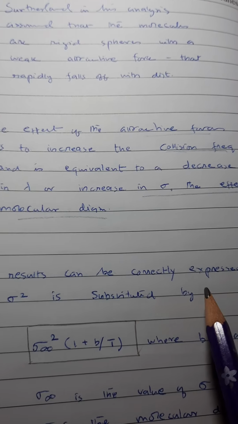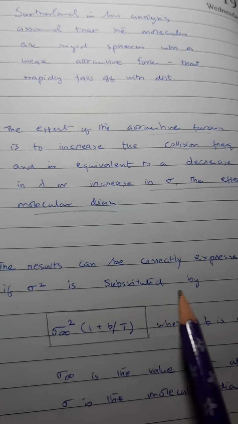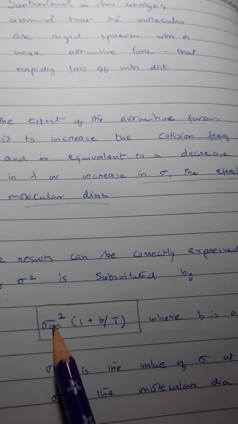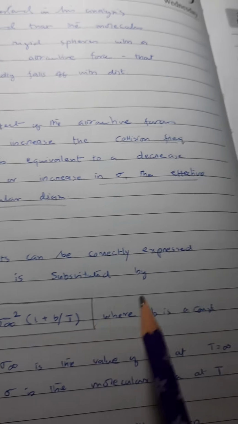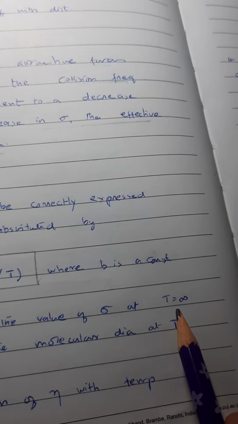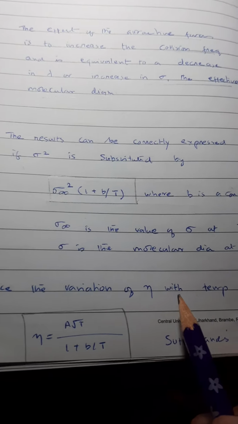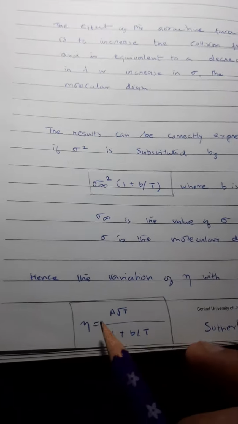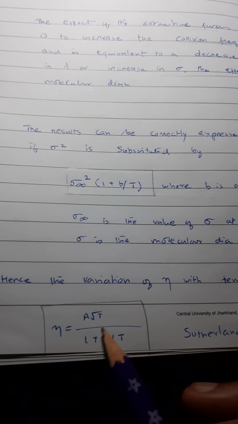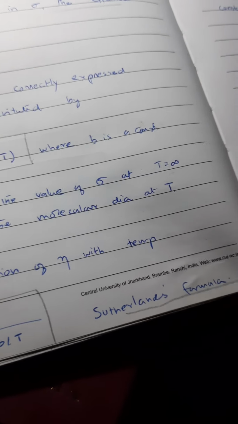The results can be correctly expressed if sigma square is substituted by sigma infinity square times (1 plus C by T), where C is a constant. Sigma infinity is the value of sigma at temperature infinity, and sigma is the molecular diameter at T. Hence the variation of the viscosity with temperature can be expressed as root T divided by 1 plus C by T, and this is known as Sutherland's formula.